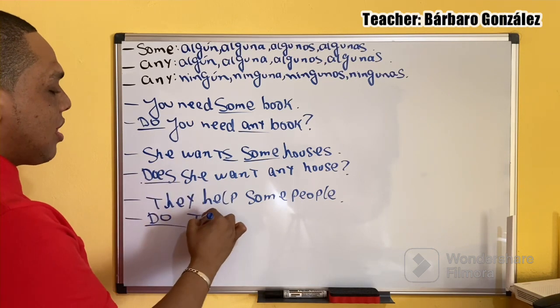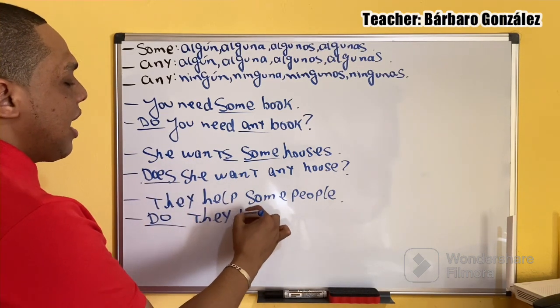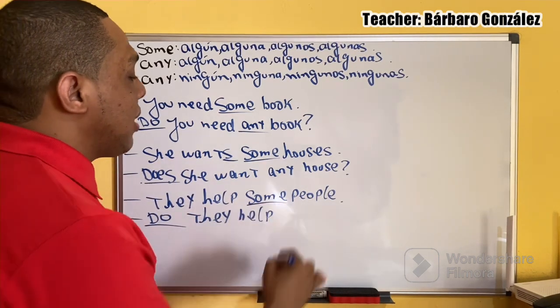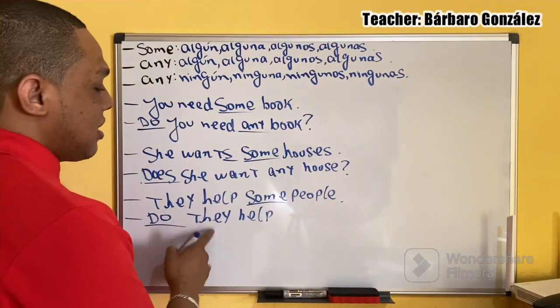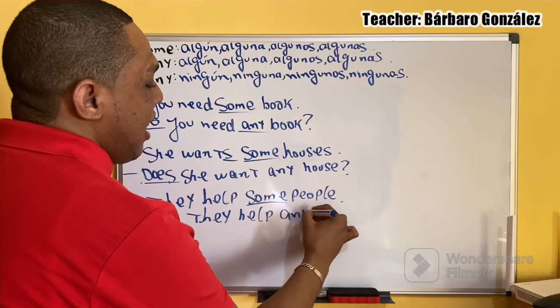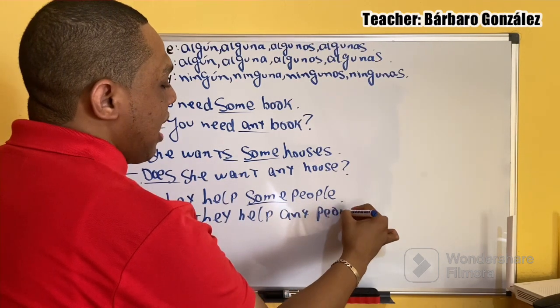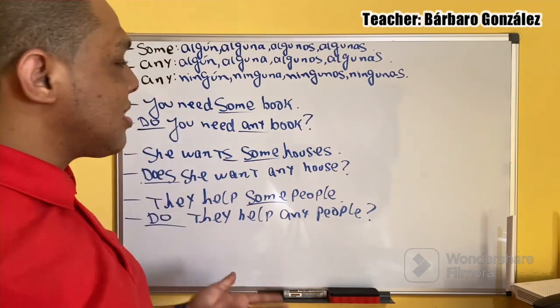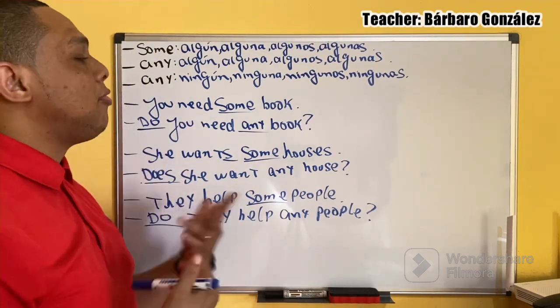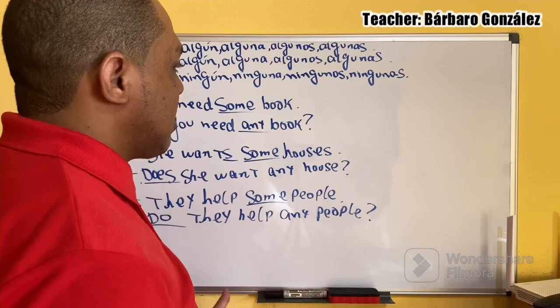For example, do they help? And then I replace some with any, and I would say, do they help any people? And it's the same. Some for affirmative sentences, but any for interrogative sentences.